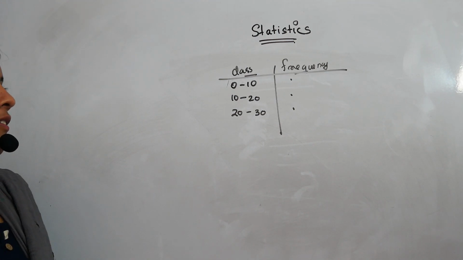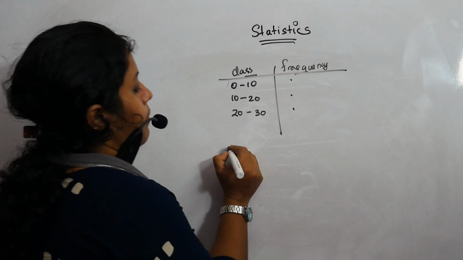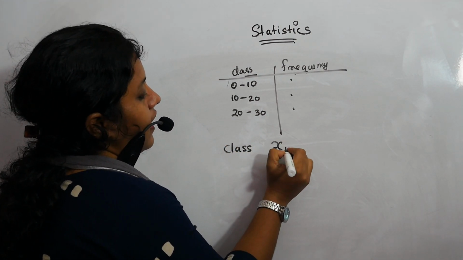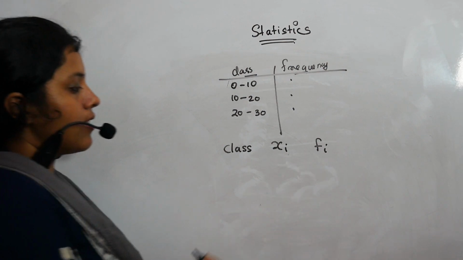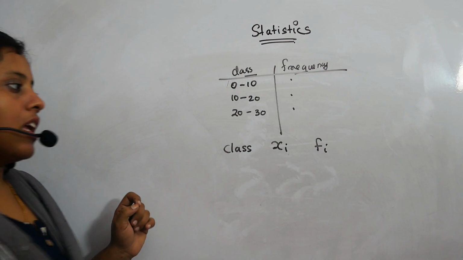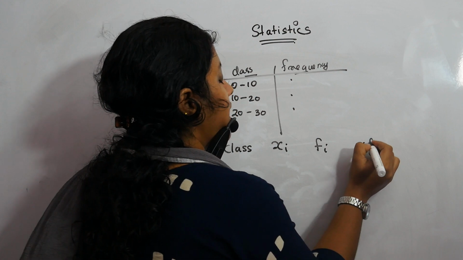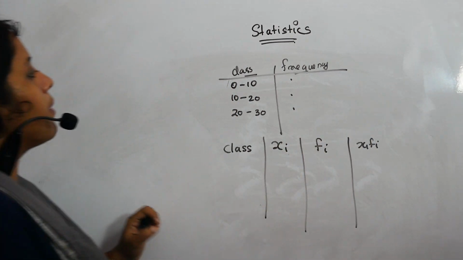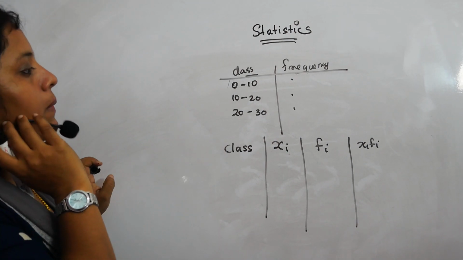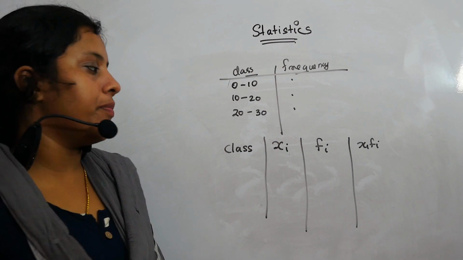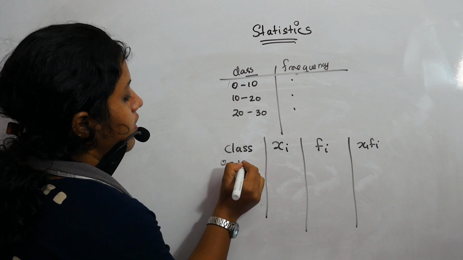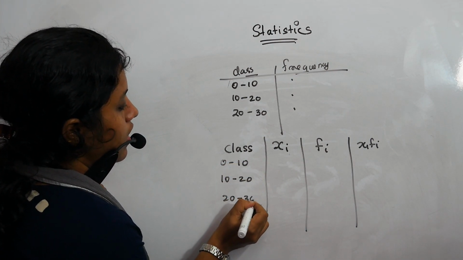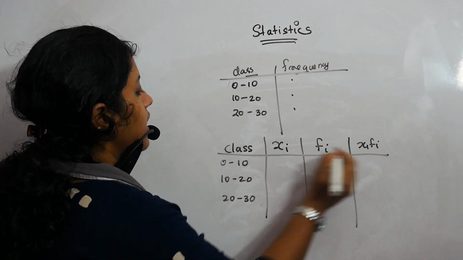For this, we'll first form another table with class, xi, fi, and xi fi. I am explaining how to find the mean of grouped data. So here 0 to 10, 10 to 20, 20 to 30. Then xi is the class mark.